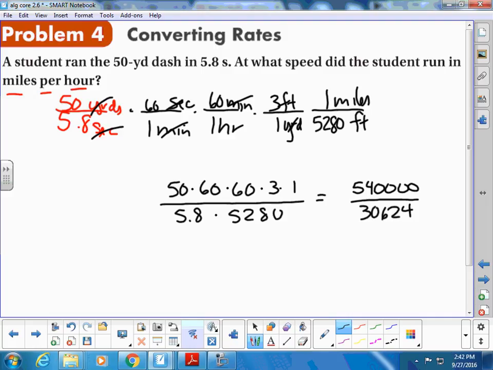And of course that's going to simplify, so 540,000 divided by 30,624 equals 17.63-ish. What were we in? We were in miles per hour.